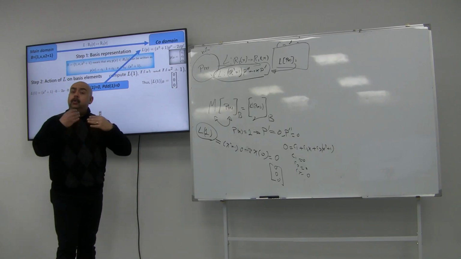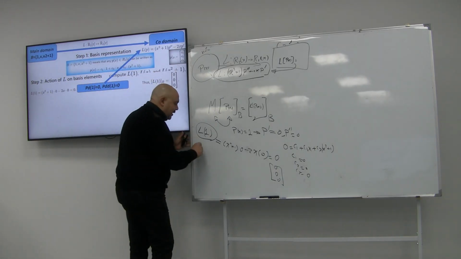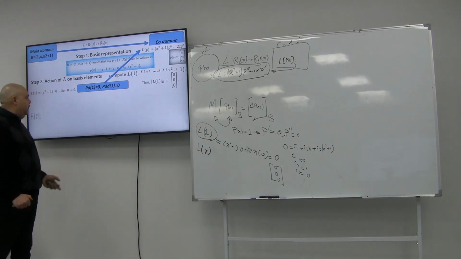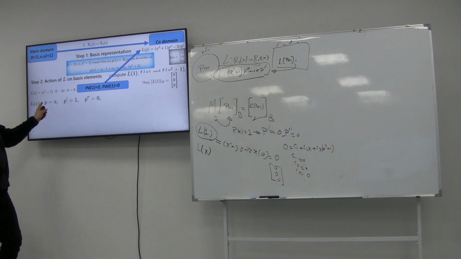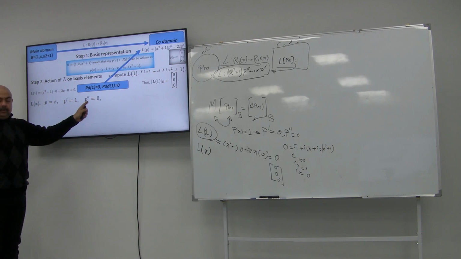I will redo all of this, but this time I will do it for L of x. So I will start with L of x. Similarly, in order to get its image, I will need to get, first of all, the first and second derivatives. So b equal to x, b dash will be 1, b double dash equal to 0.